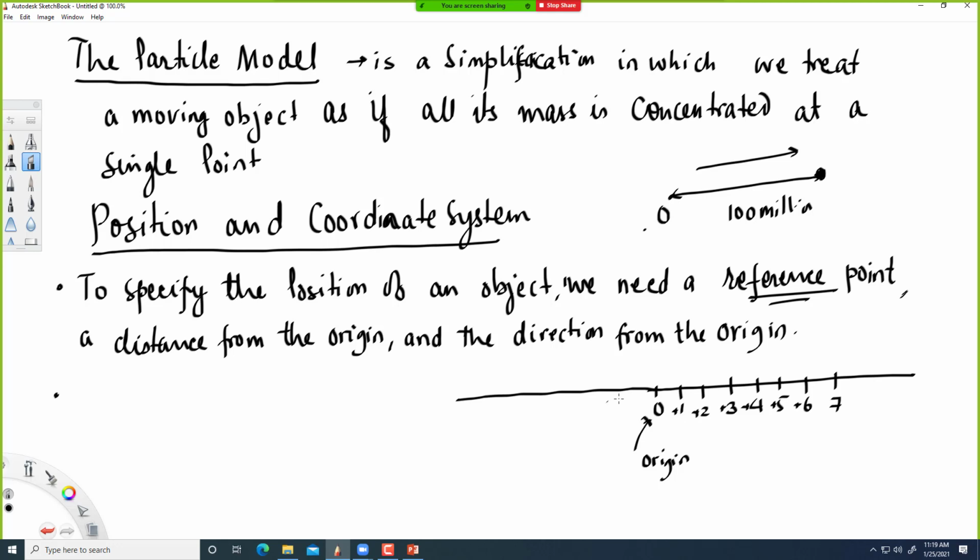If I move to the left, it is indicated by these negative numbers. If I move to the right, you can say I am positive 1 meter from that. If I move to the left, you will need to say I am negative 1 meter. Negative means to the left. Positive means to the right. So this thing is called a coordinate system.